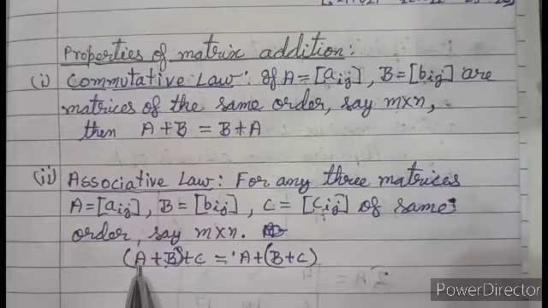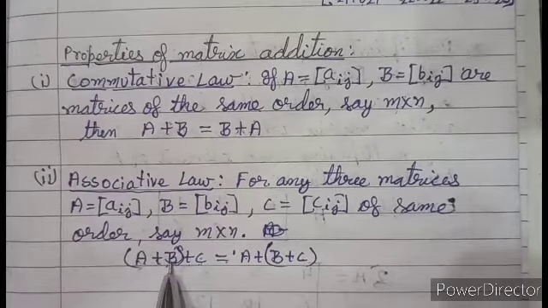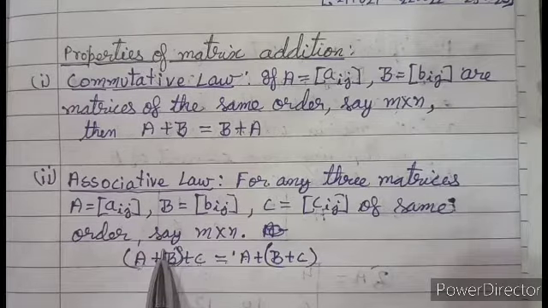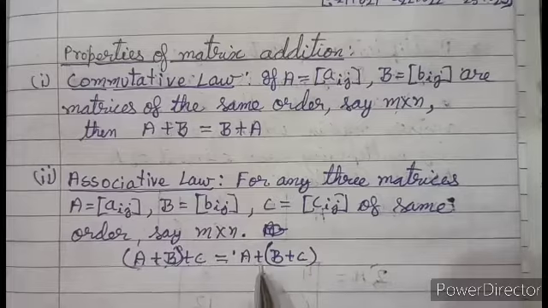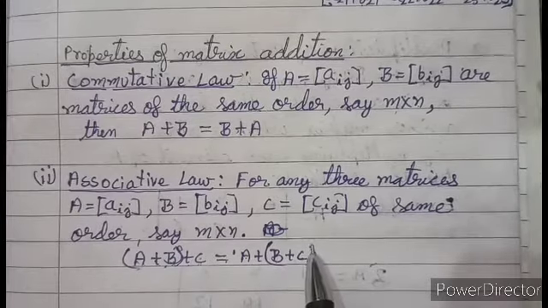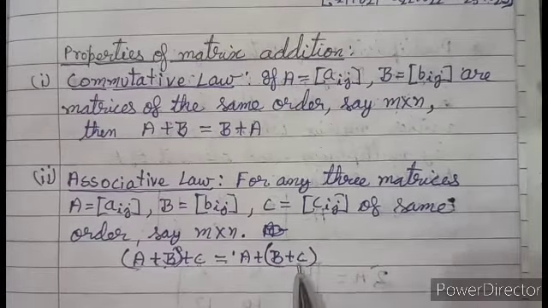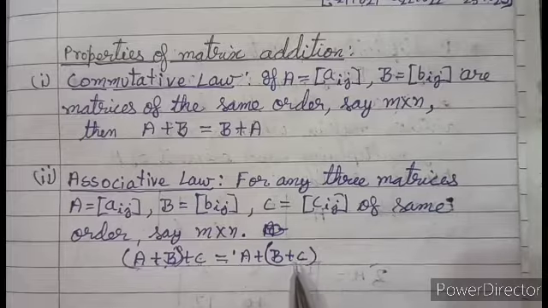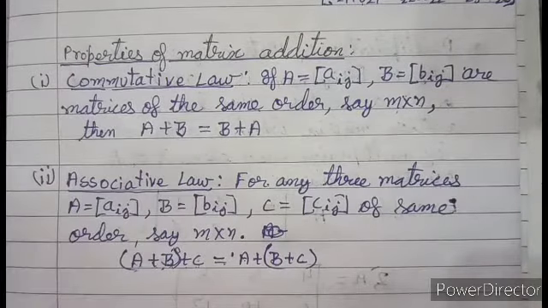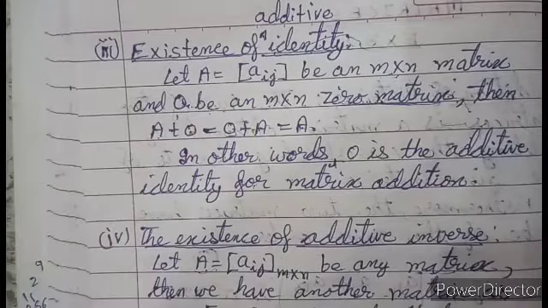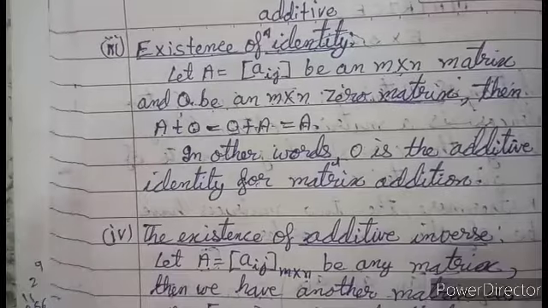That means if we add matrices A and B and then add matrix C to their sum, that will give us the same result as we get on adding matrices B and C and then adding matrix A to the sum of B plus C.